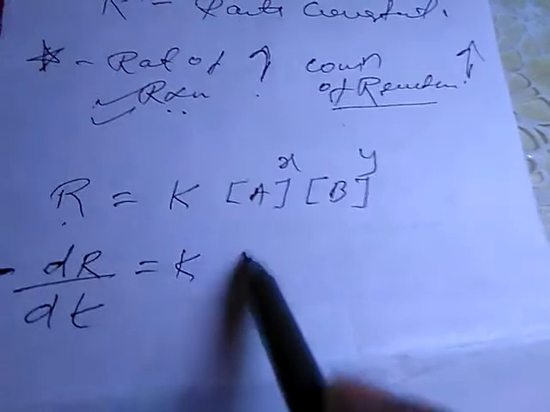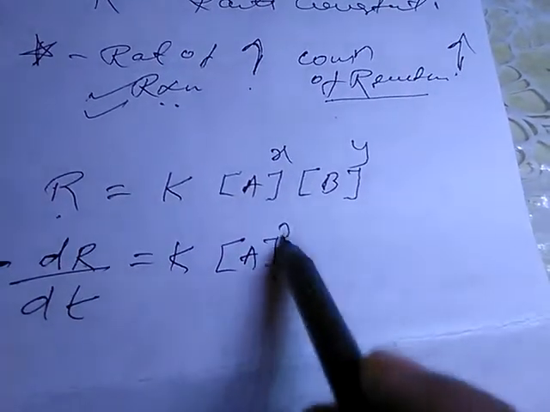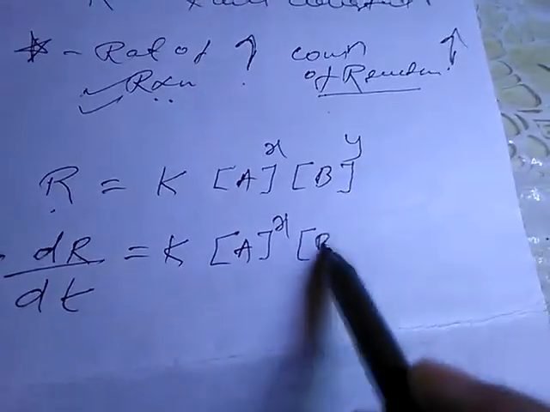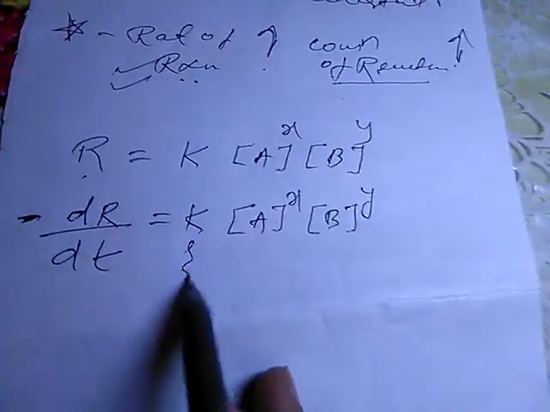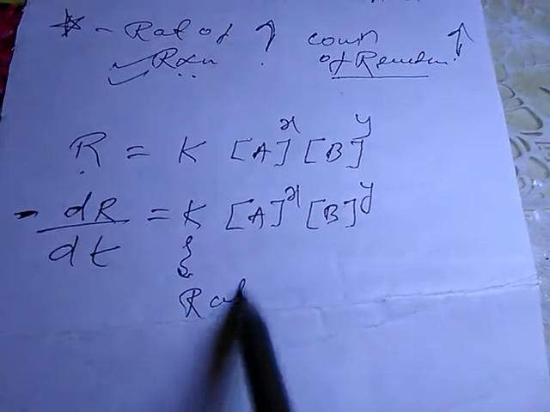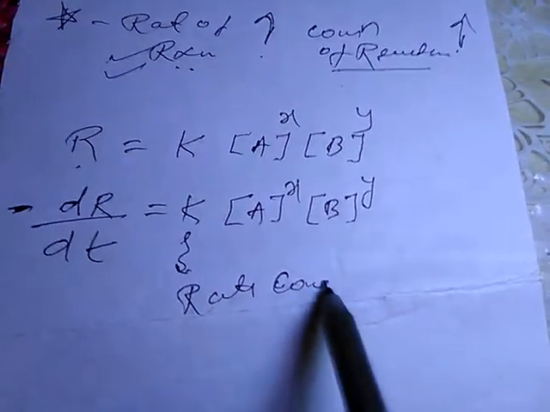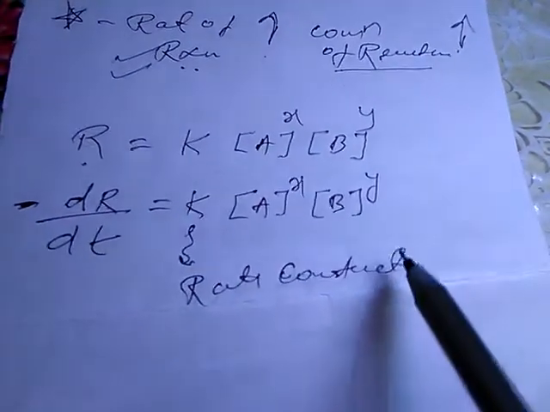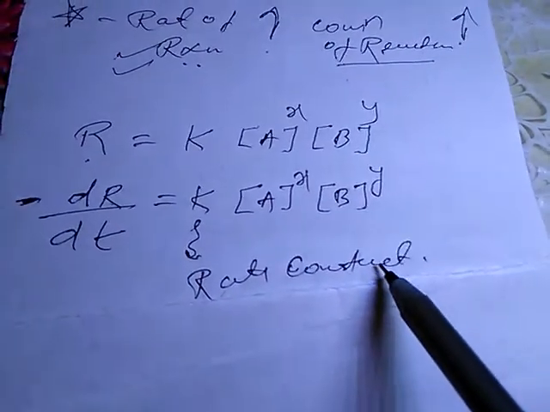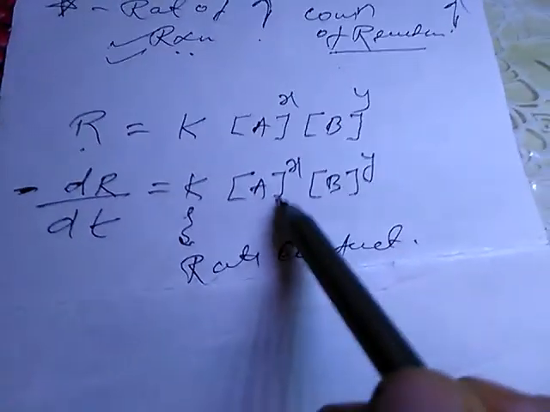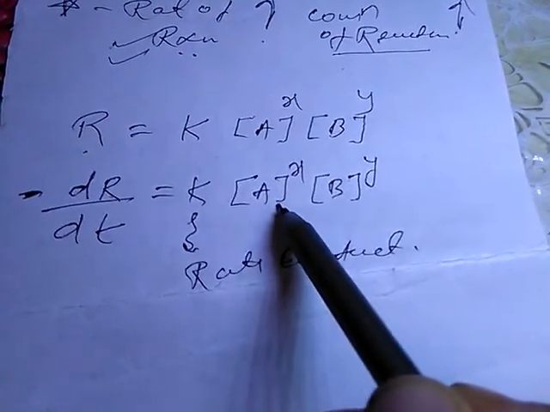Here K, concentration of reactant raised to some power. Here this K is called the rate constant, which I have already told. This rate constant is the constant of proportionality in the expression given above.